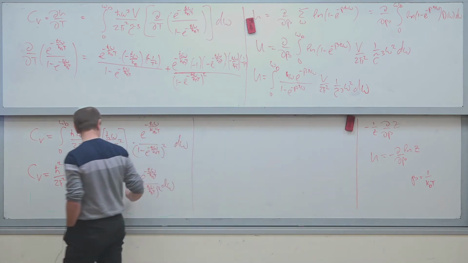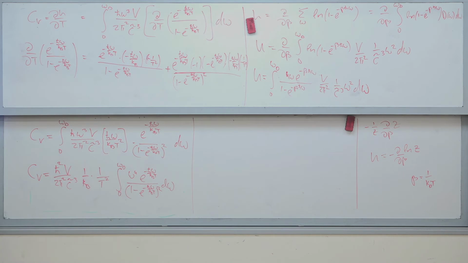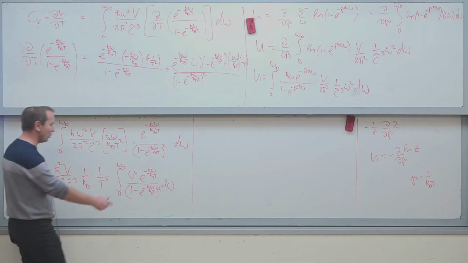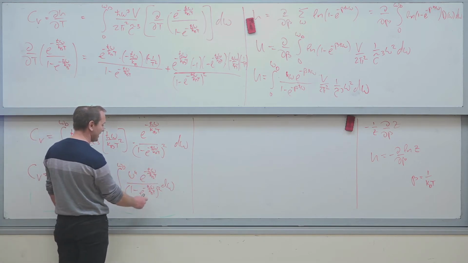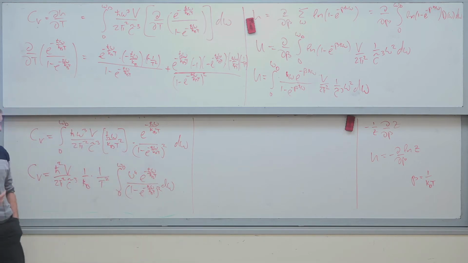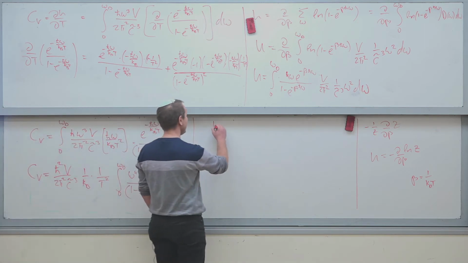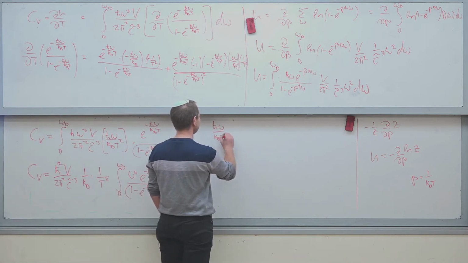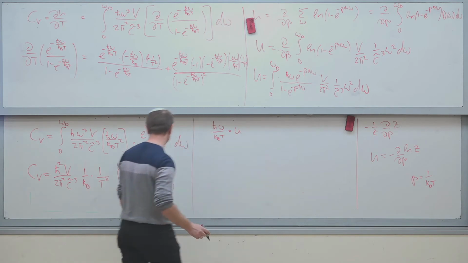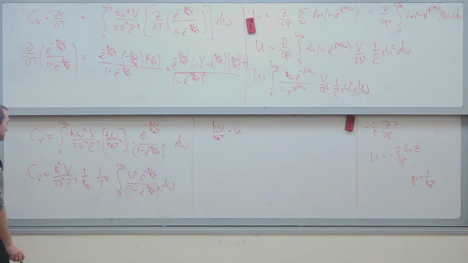The next step is to make this integral a little bit more reasonable. We want to get rid of h bar omega divided by k Boltzmann T, and let's call all of this u. So h bar omega divided by k Boltzmann T equals u inside the integral, because now it's easier to integrate.